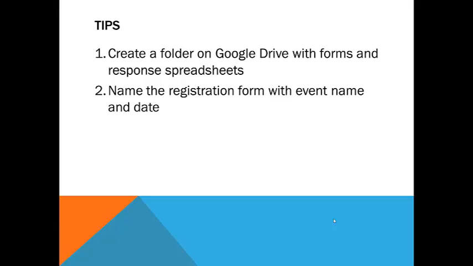And again, because you will build up lots of events, you might want to name the registration form with the specific event name and date, and that way you could just keep copying the registration form and pasting the appropriate one into the meeting.